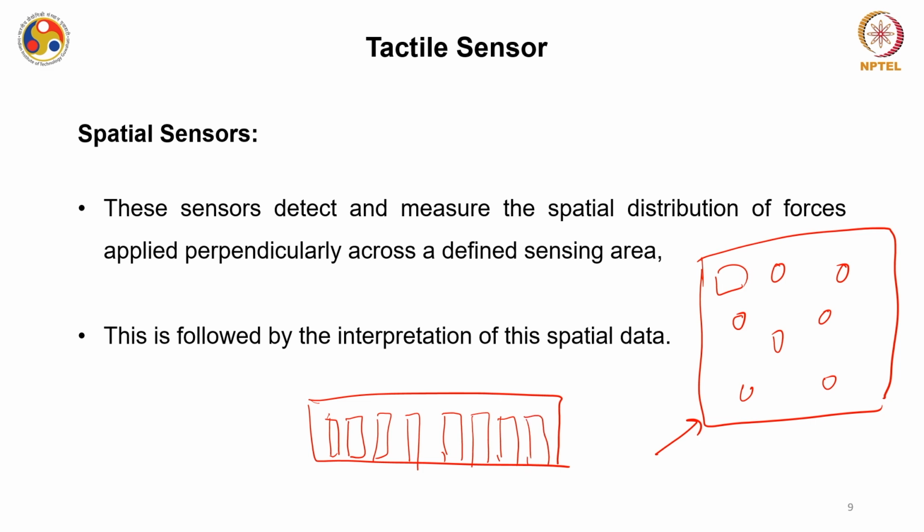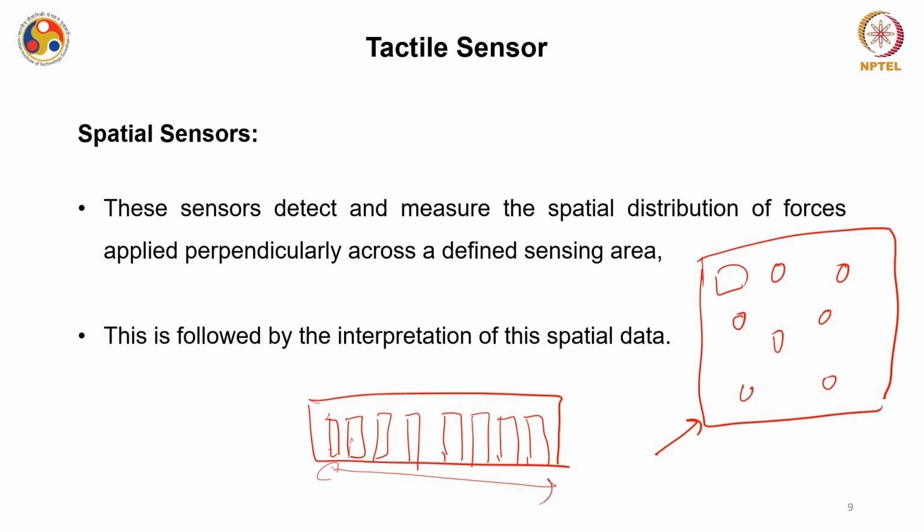You have various keys, and when you touch this area it will generate a different sound, and when you touch that area it will generate another sound, and so on. So it is basically using your screen's touch data or touch pattern to create a certain kind of sound, by certain kind of signal processing. This is a good example of a spatial tactile sensor.